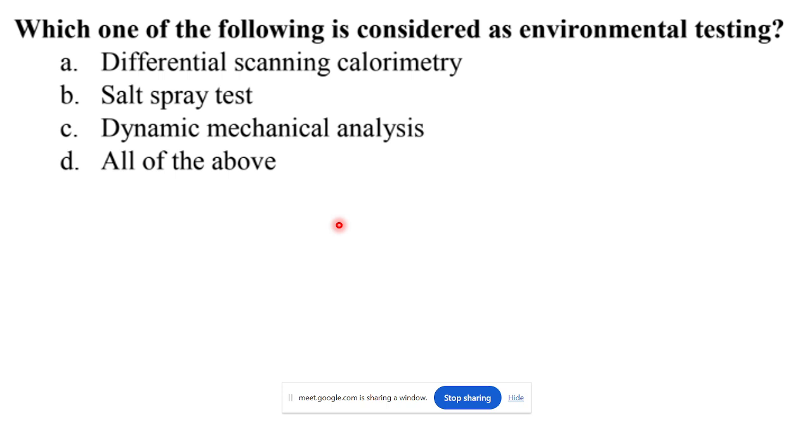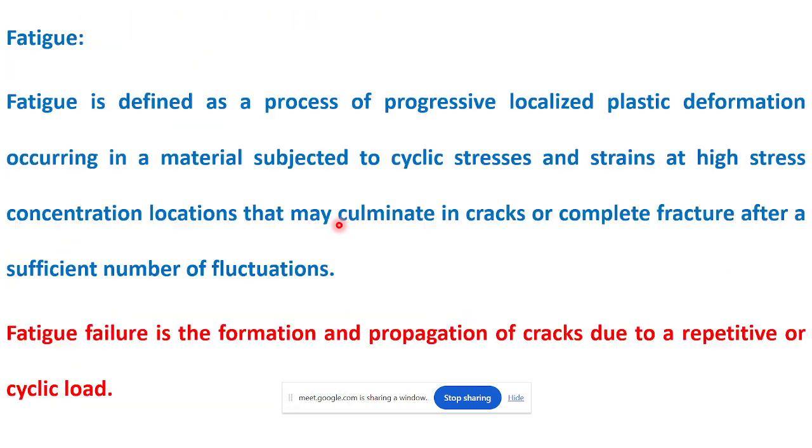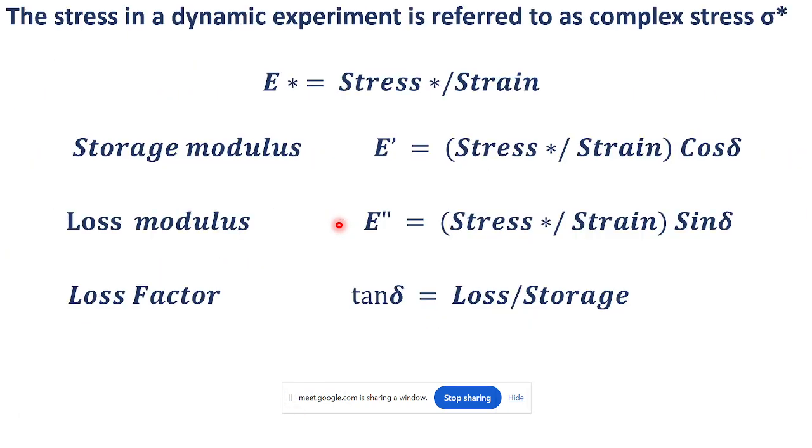So from DMA, you will see that the storage modulus E prime with strain will remain higher if the elastic component is increasing, and the loss modulus will be lower. That means if the cross-linking density is high, you will see that E prime will be higher than E double prime with strain.